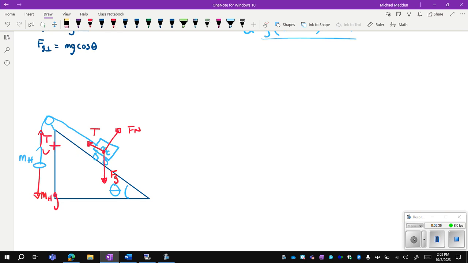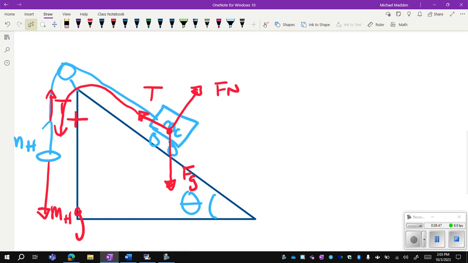So in that case, I have a parallel component of gravity that's in the direction of motion. So that's my mg sine theta.